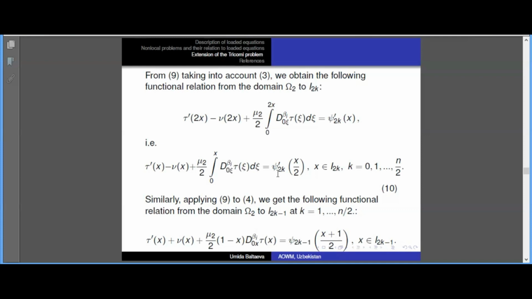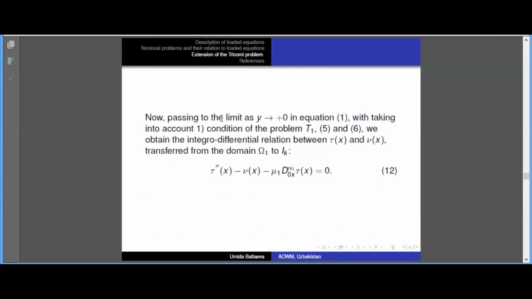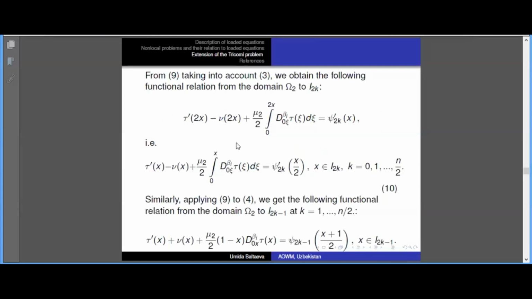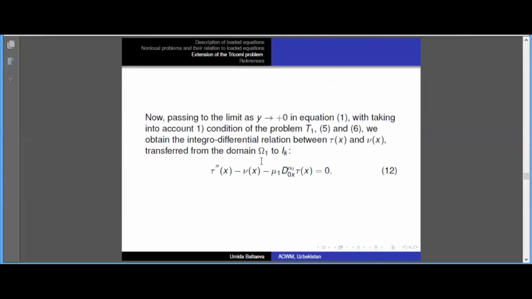From omega 1, the parabolic part, passing to the limit y equal to 0 in the equation, we receive for the functions tau and nu another integro-differential relation. We obtain a system for even k, and with this we can investigate the system and find the functions tau and nu.